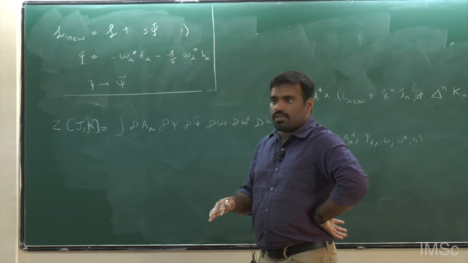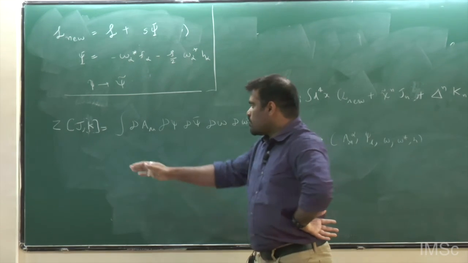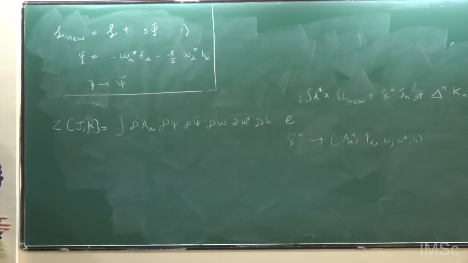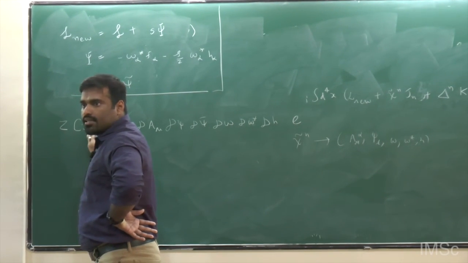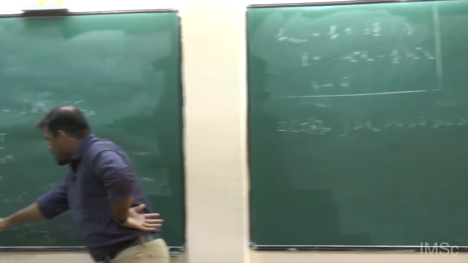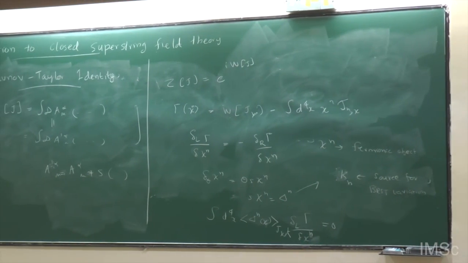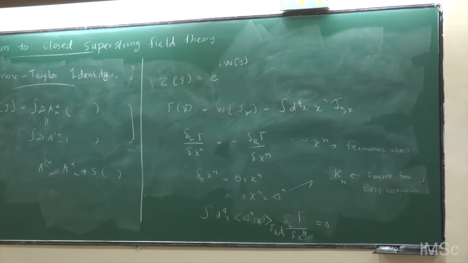So that's more information. That's true. So once you know it, you don't have to do one more calculation. You already know this answer. If you only know C J, you have to redo the calculation and then compute what is delta n K. So that's why I'm saying it has more information. Once you introduce more and more sources, it's equivalent to saying that you know about more and more correlation functions.